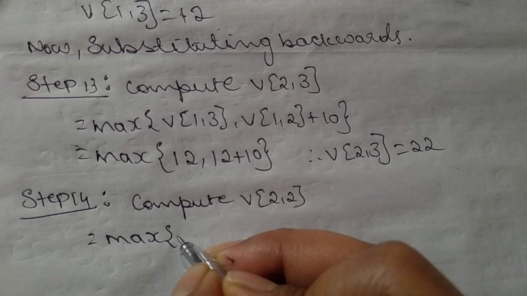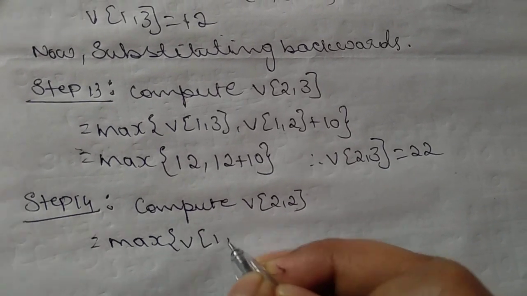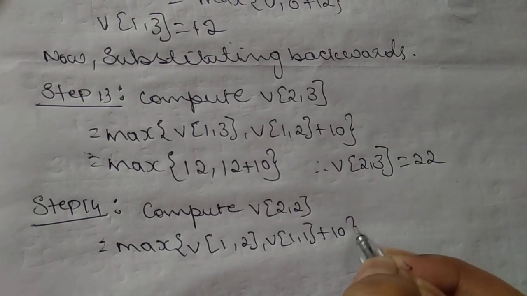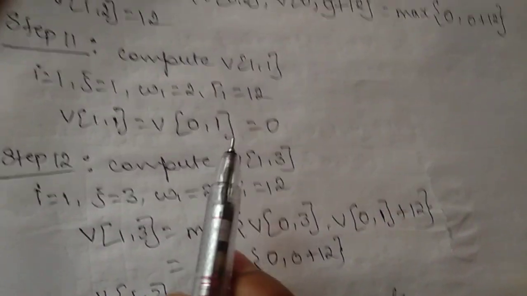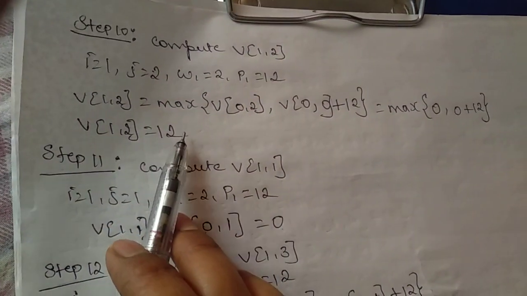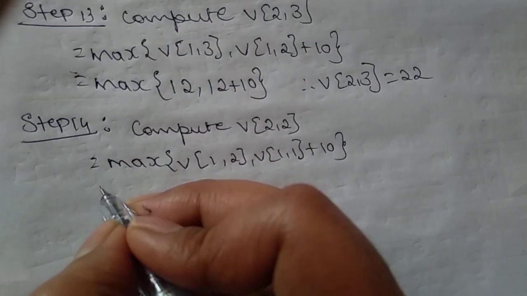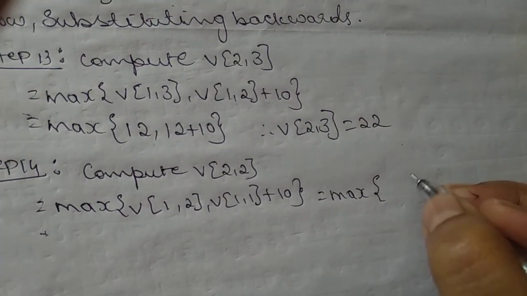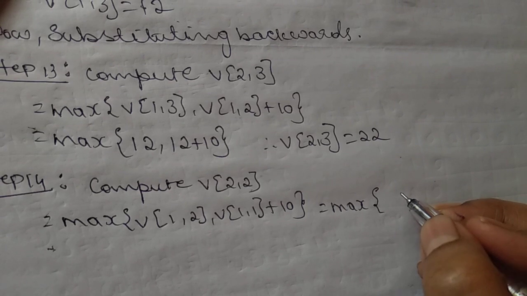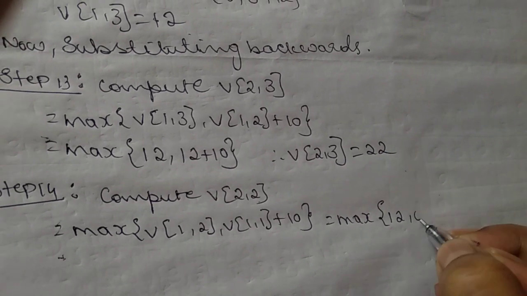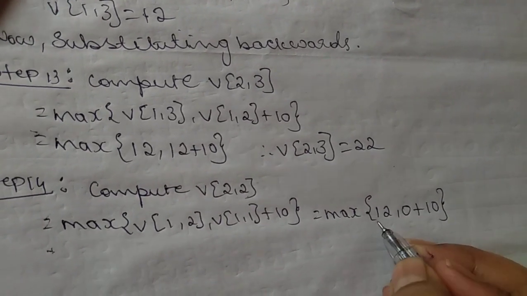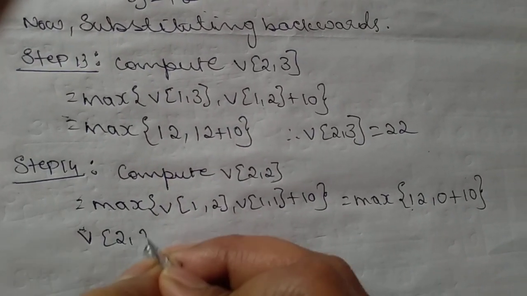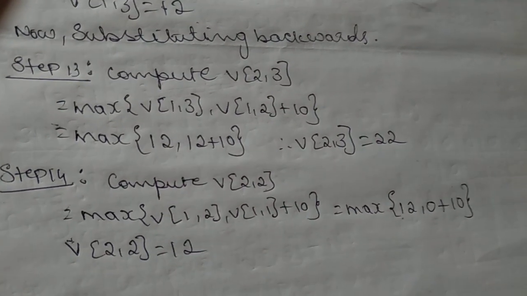Max of v of 1 comma 2, v of 1 comma 1 plus 10. 1 comma 1 it is 0, 1 comma 2 it is 12. So this is equal to max; v of 1 comma 2 value is 12, 1 comma 1 is 0 plus 10. 12 and 10, which is maximum? 12 is maximum. So v of 2 comma 2 is equal to 12.